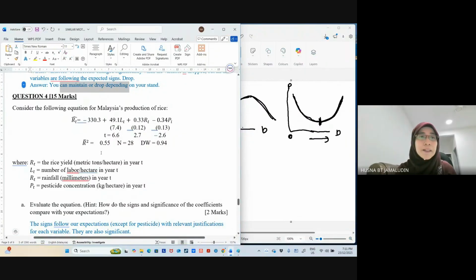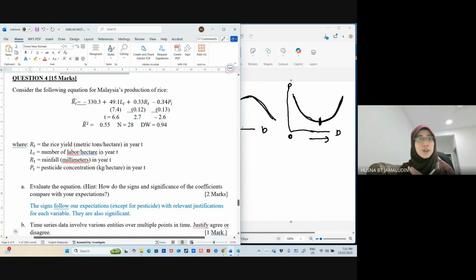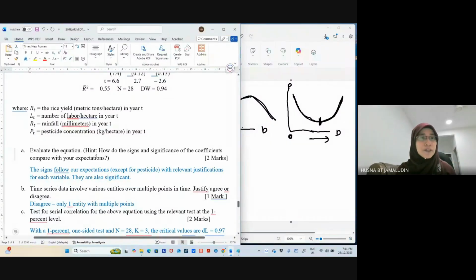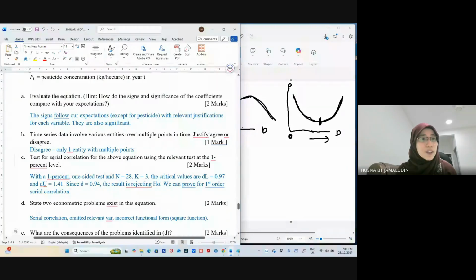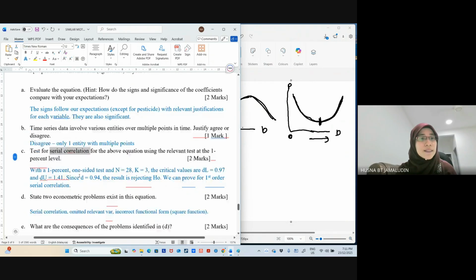Question 4, very similar, slightly hard, not so hard, but you have to figure out. Basically, this is where you will be asked on the econometric problem, like multicollinearity problem, serial correlation, heteroskedasticity, these 3 things, the last 3 chapters. So you can see serial correlation. What else?